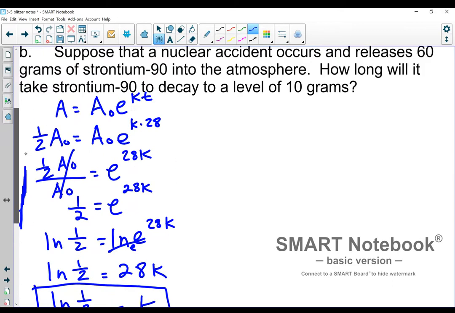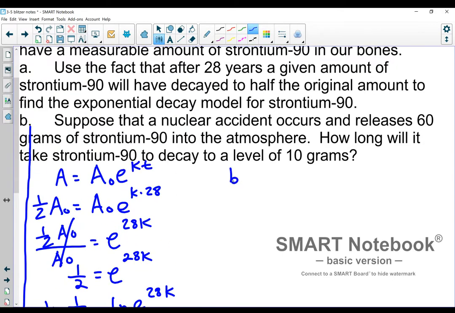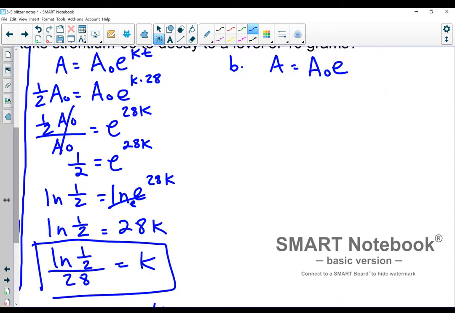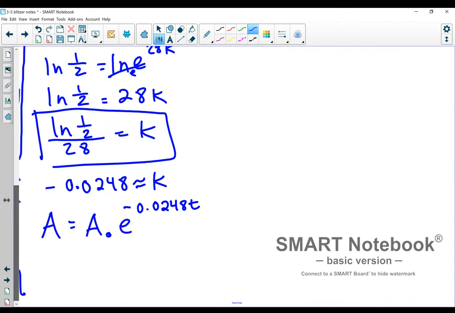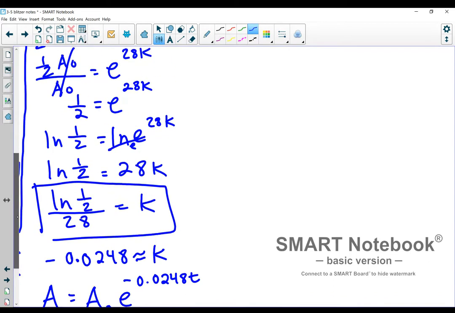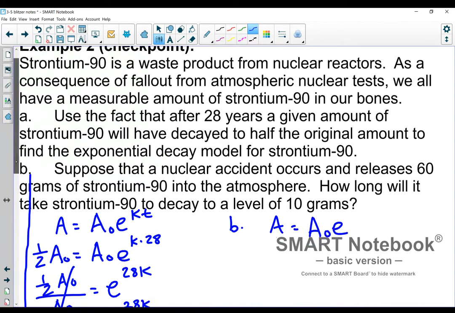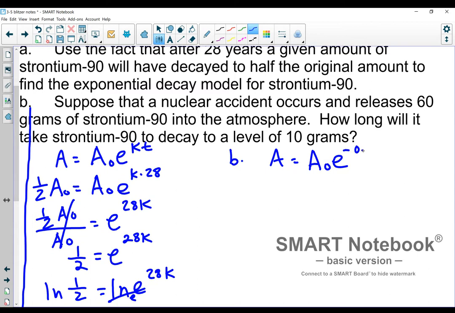So let's remember that and copy it down right away. A equals A naught e to the, already forgotten it, negative 0.0248t. And we start with 60 grams, and we want to get this down to 10 grams.